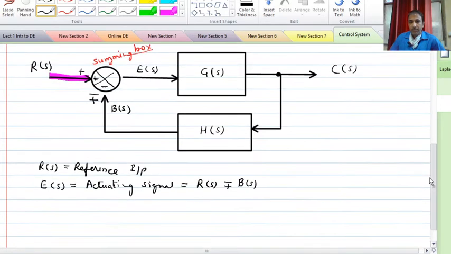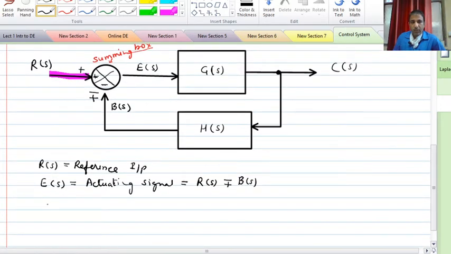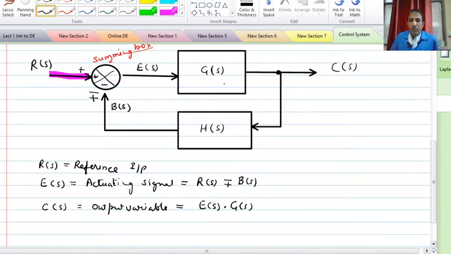Similarly, C(s) is your output variable, and this output variable is given by E(s) multiplied by G(s). Whatever input signal you have, you multiply it by this. And this is the beauty of the Laplace transform, that we can directly multiply these two signals, because in a Laplace transform the convolution is calculated with the help of simple multiplication.